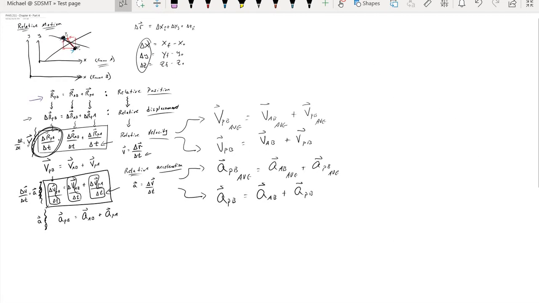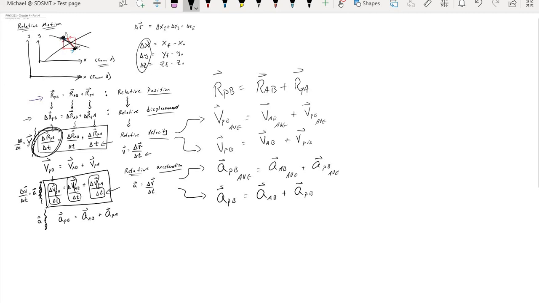Okay, so we've got all of these expressions here that tell us what the process is for measuring relative motion.